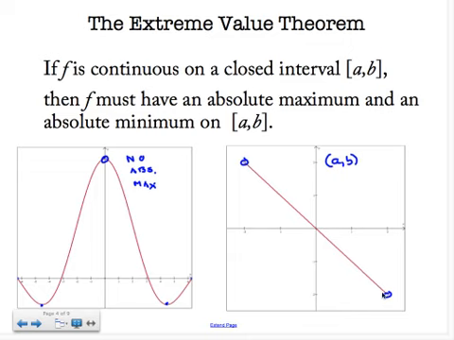And same thing down here, there is no absolute min, because there would be if there was a dot there, but there's not. So this function has no absolute max or min. Those criteria have to be met in order for there to be guaranteed absolute maxes and mins.